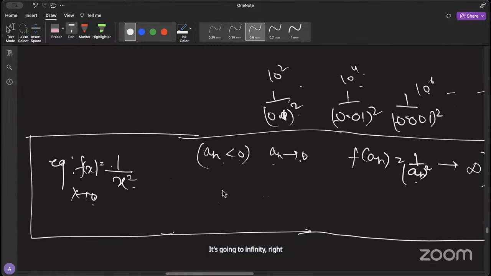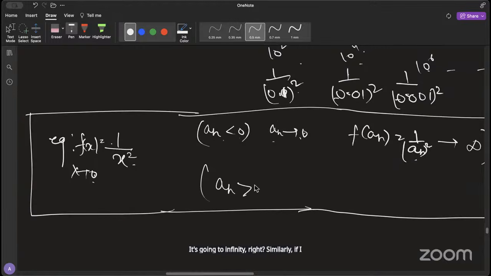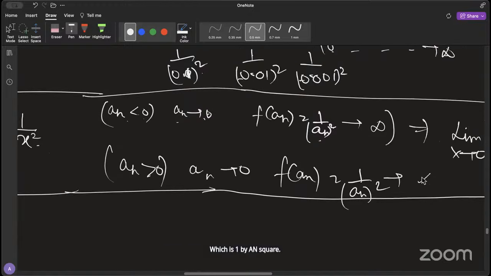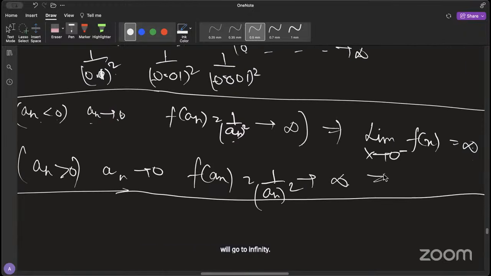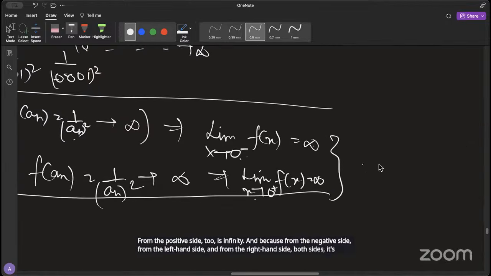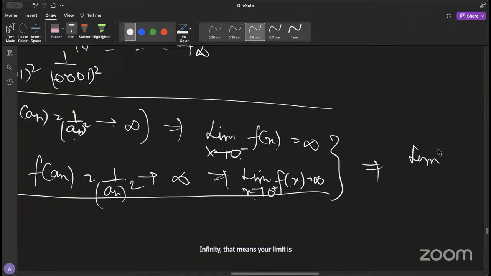Similarly, if I take a_n greater than 0 and a_n tends to 0, then f(a_n), which is 1 by a_n square, will go to infinity. This means the limit of the function from the positive side is infinity. And because from both the left-hand side and the right-hand side it's infinity, that means your limit is infinity.